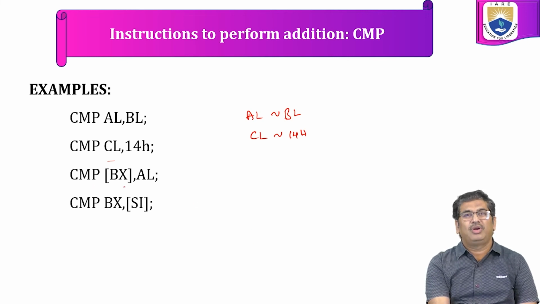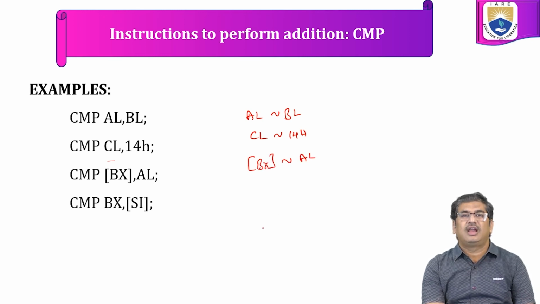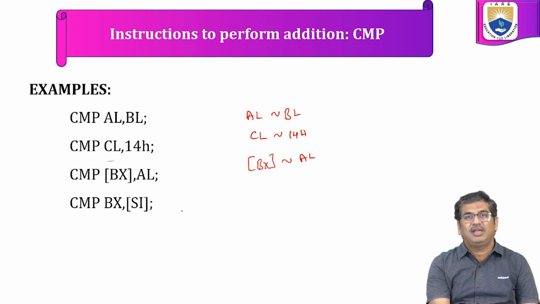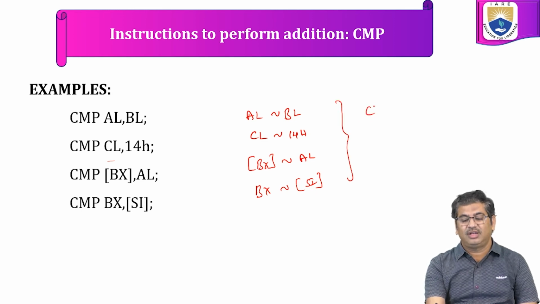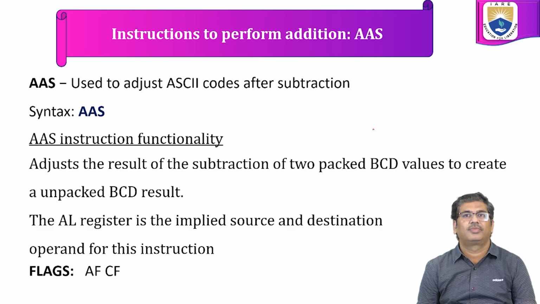CMP [BX], AL. The memory location contents whose address is specified in the BX register are compared with the AL register and will affect the carry and zero flags. CMP BX, [SI]. Here the BX register contents are compared with the memory location contents whose address is specified in the SI register. Based upon the result, this will affect the carry flag and zero flag.